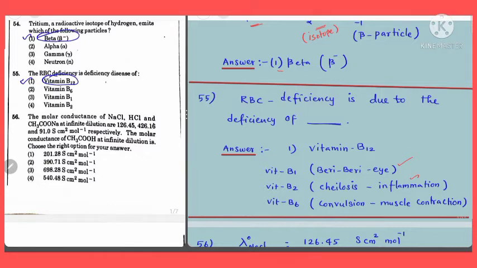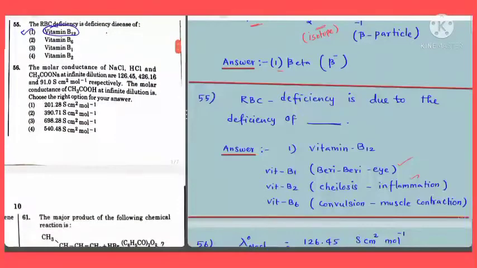Now we go for question number 56. The molar conductance of sodium chloride, hydrogen chloride and sodium acetate at infinite dilution are given. For sodium chloride it is 126.45 Siemens centimeter square per mole, for HCl it is 426.16, and for sodium acetate it is 91.0, with the common unit Siemens centimeter square per mole.